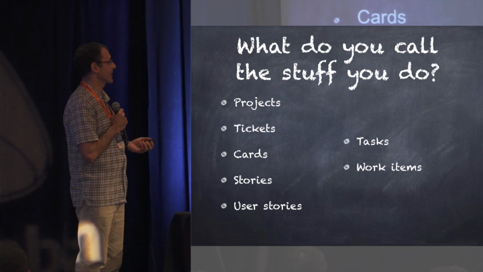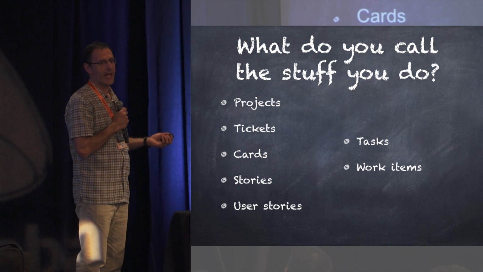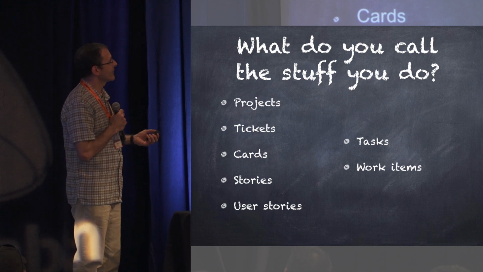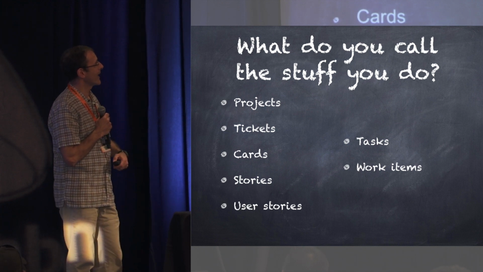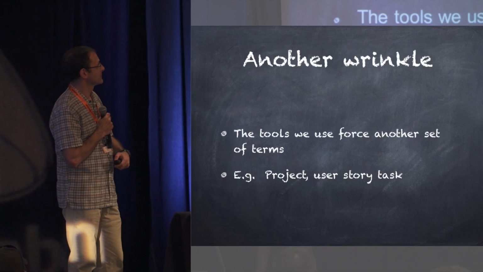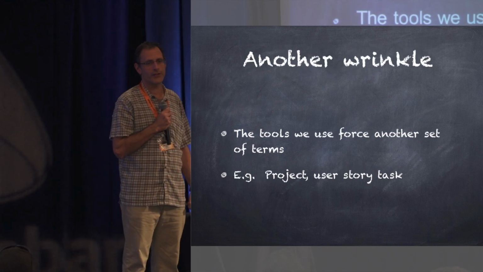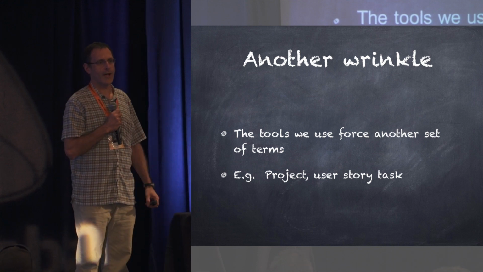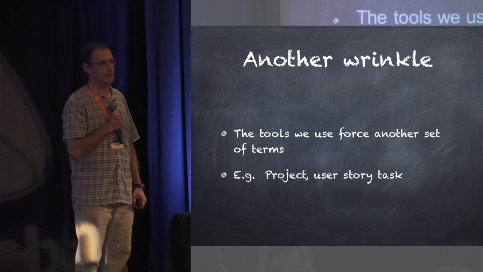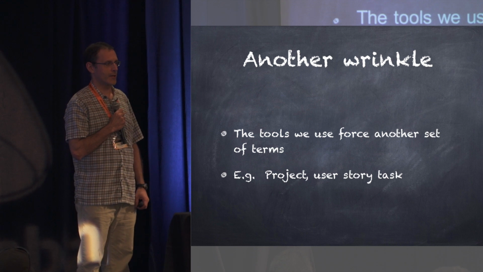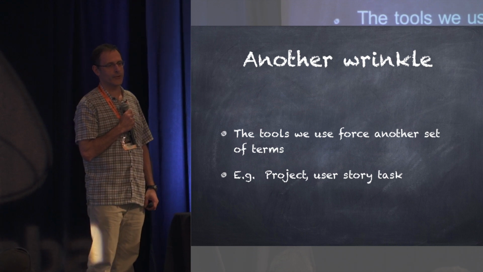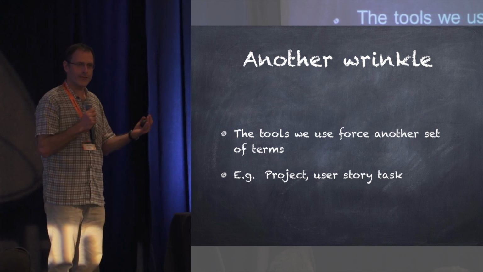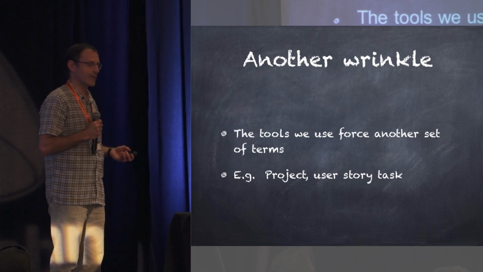I like the idea of tickets. I have people that keep calling them tasks. And depending upon some of the tools that you have, the tools that we use force a set of terms on us. We use a tool that you're probably familiar with called Rally. And Rally calls teams projects, and it calls work items user stories. So it becomes hard for us to come up with a term that we like because we get things forced upon us.